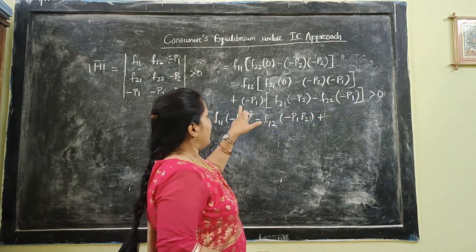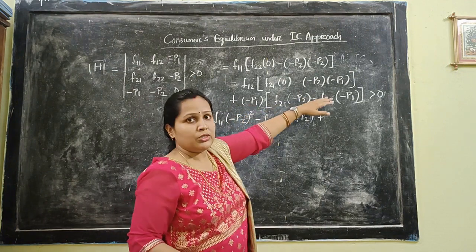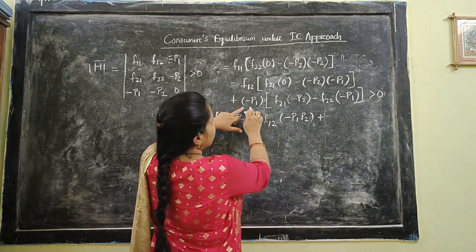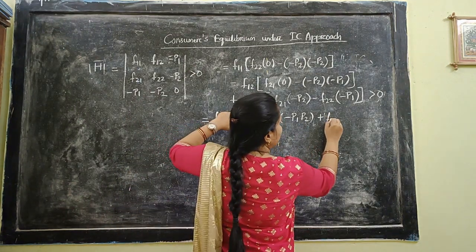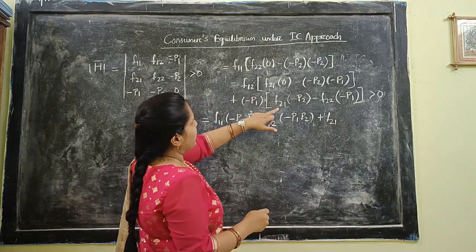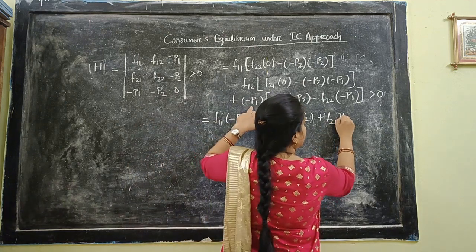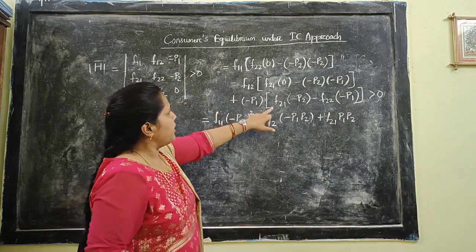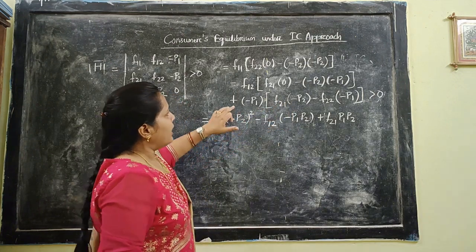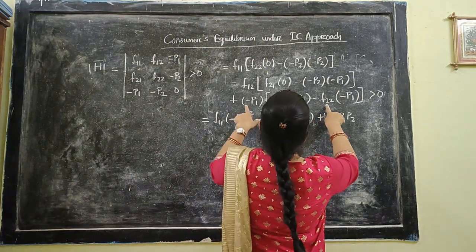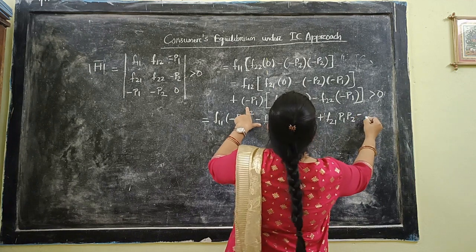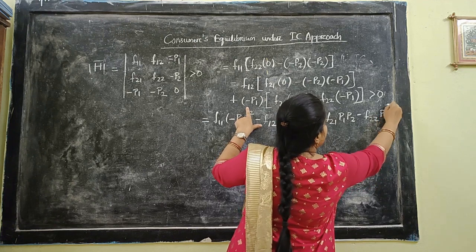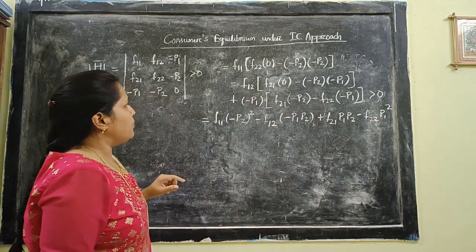And if we multiply the P1 with these two terms, finally I am writing the final terms here. So it will be plus F21 P1 P2, and then the second term will be minus F22 P1 square.